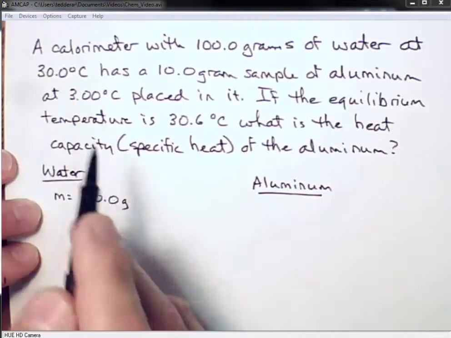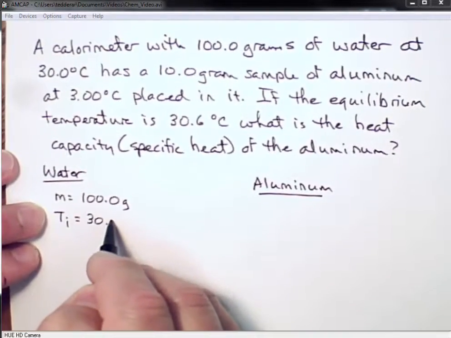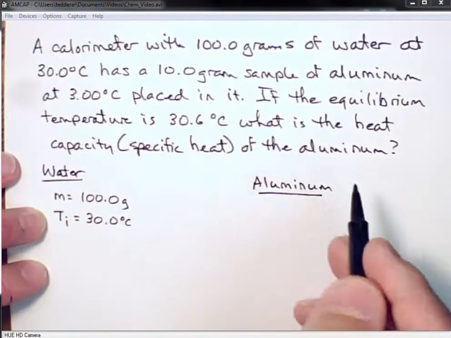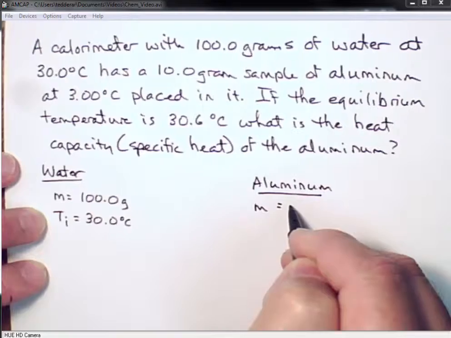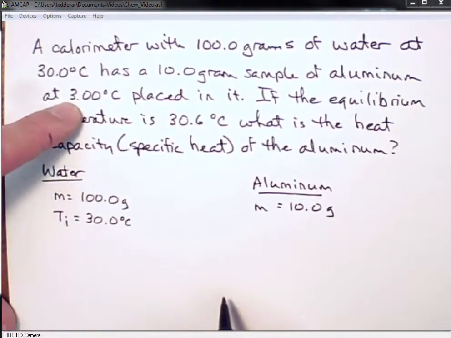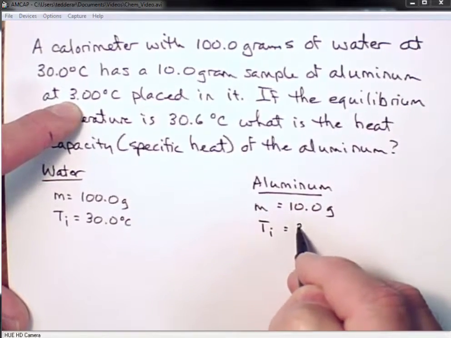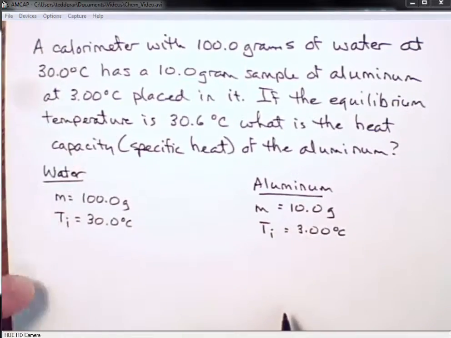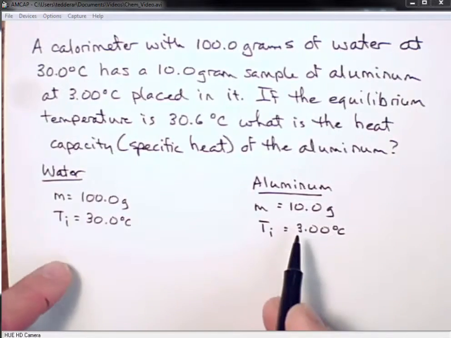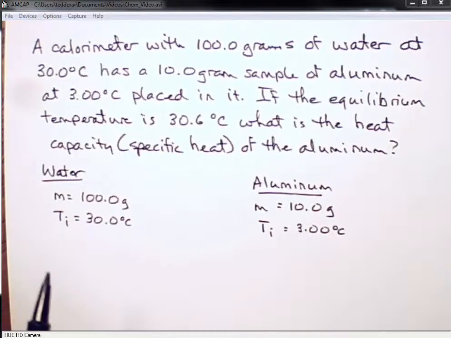We have a temperature of 30 degrees in the beginning, so our initial temperature is 30.0 degrees C. Our aluminum, we're starting with a mass of 10.0 grams, and an initial temperature of 3.00 degrees C. At equilibrium, the temperature is going to be 30.6, and both of these will have the same temperature at equilibrium.